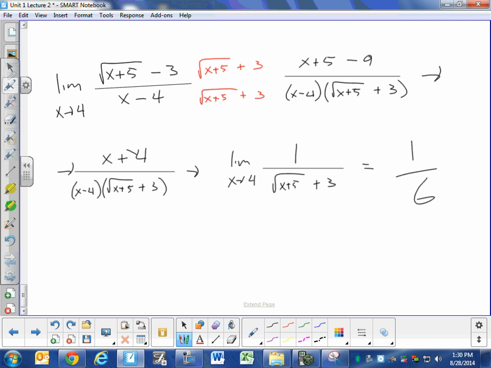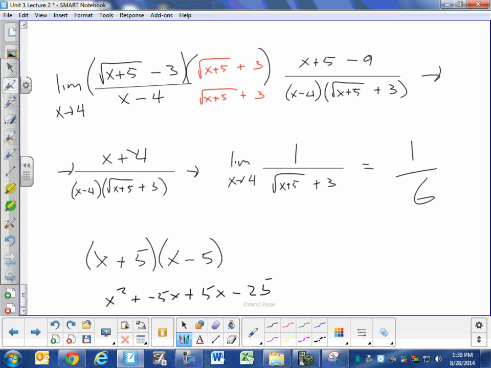Okay, should get 1/6. Now the key, and for those of you struggling with this first part, try not to skip things. Remember, if we have x plus 5 times x minus 5, you'll get x squared plus negative 5x plus positive 5x minus 25, or plus negative 25. That goes away.